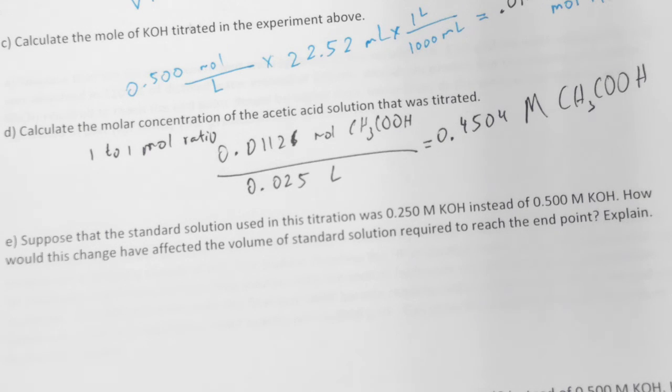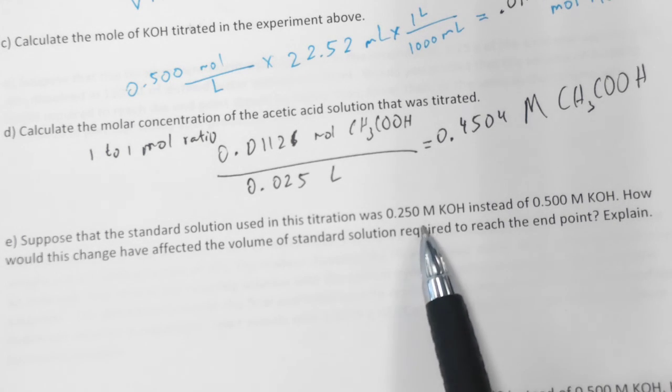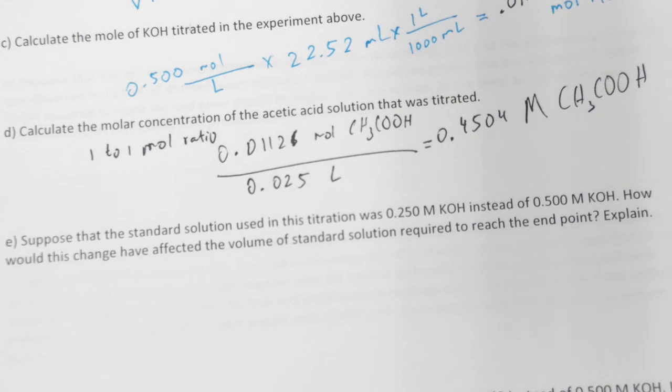Diluted. So did I have to use more or less of the standard solution? More? Why? Yeah, pretty much. Because it's less concentrated, there's a lot of liquid in there, so you should probably use more of that.